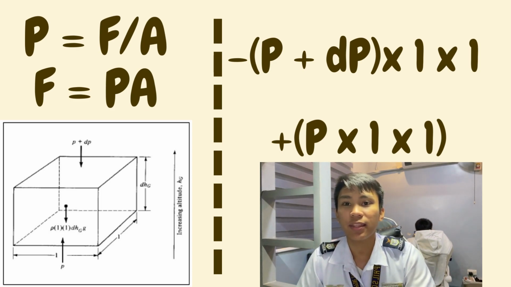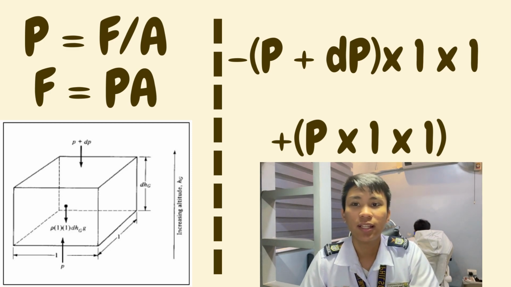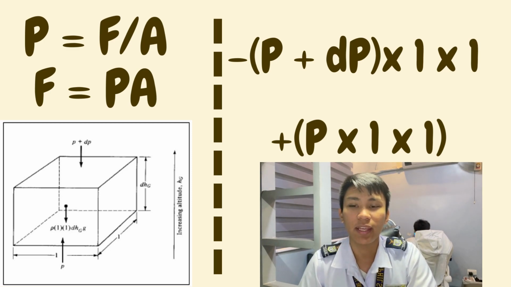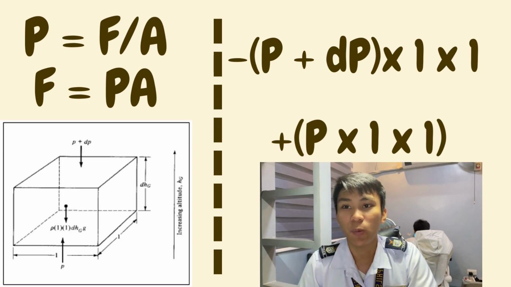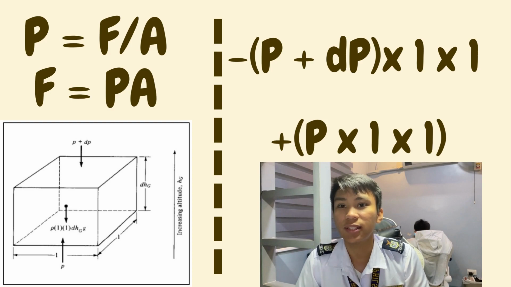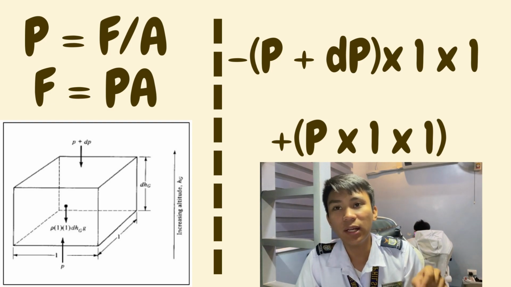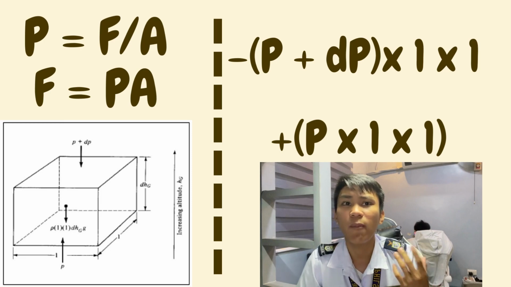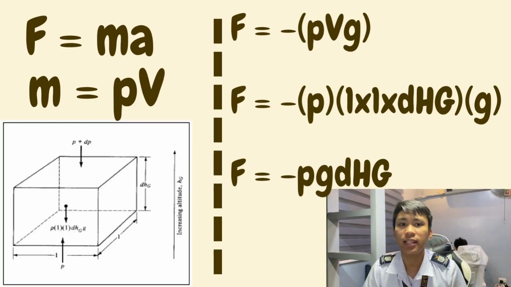Kapag in-apply natin siya sa top surface at bottom surface, ang force sa top surface ay magiging negative (P plus dP) times 1 times 1, at ang force naman sa bottom ay positive P times 1 times 1. Kaya negative yung sa top force ay dahil pag downward forces, negative, at upward forces ay positive.